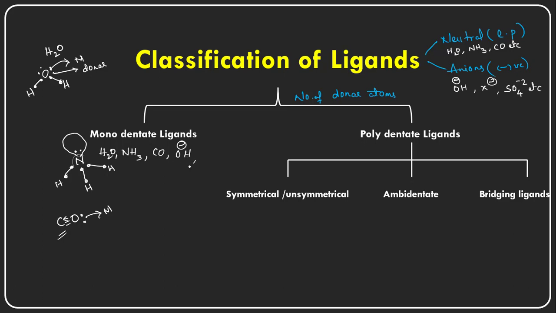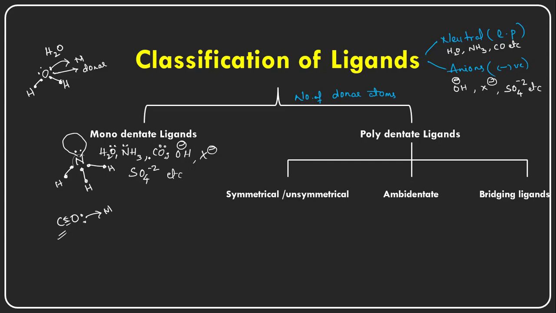So oxygen is a donor atom, and all halogen ions and sulfate minus 2, in this oxygen can donate the pair of electrons, etc. So in monodentate ligands, only one donor atom can donate the pair of electrons, and they can form only one coordinate bond with the central metal cation.